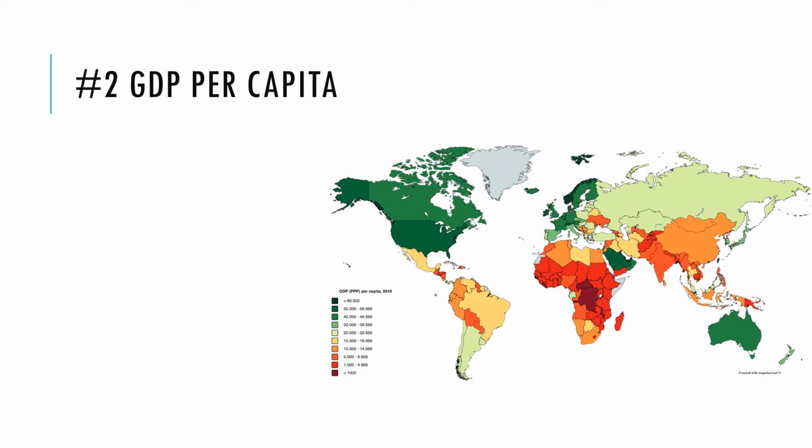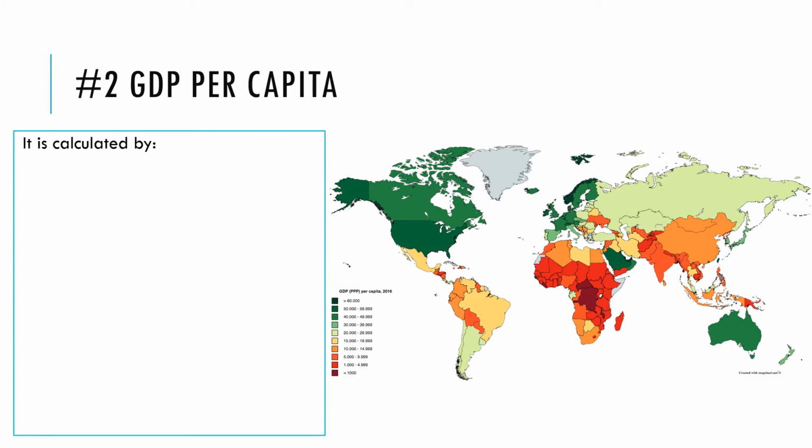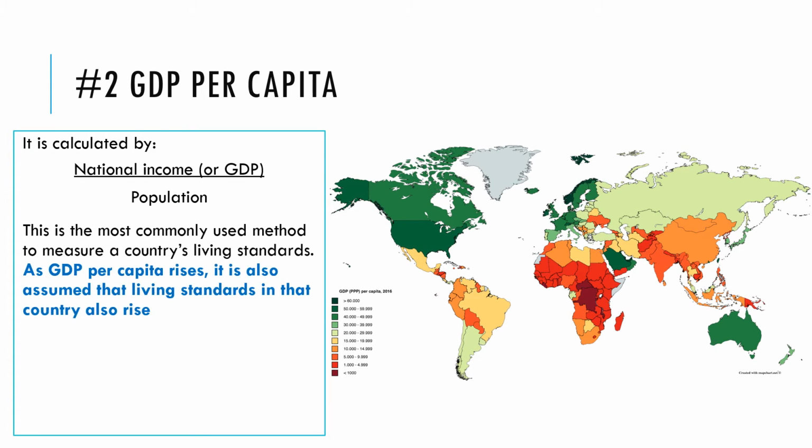Okay, our second indicator of growth is GDP per capita. This is calculated by taking the GDP, the national income, and dividing it by the population. So saying how much is being produced per person. This is commonly used to measure a country's living standards.